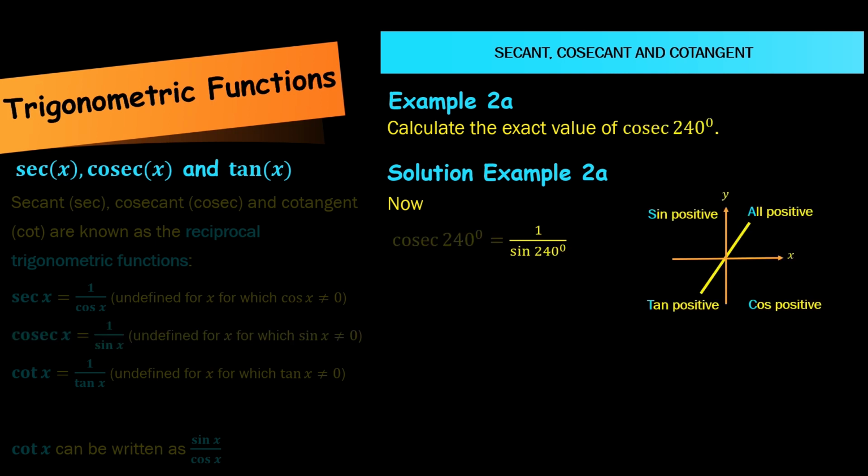Now in the CAST diagram, 240 degrees appears in the third quadrant. This makes an angle of 60 degrees as shown with the x-axis. And of course in this quadrant, sine is negative. Therefore, 1 over sine 240 degrees equals minus 1 over sine 60 degrees.